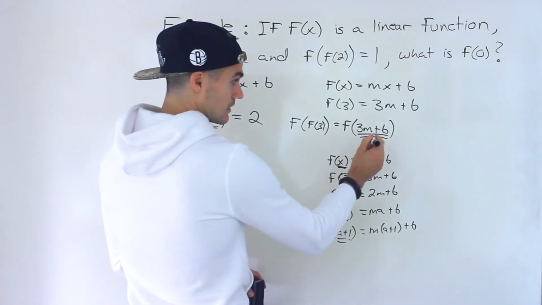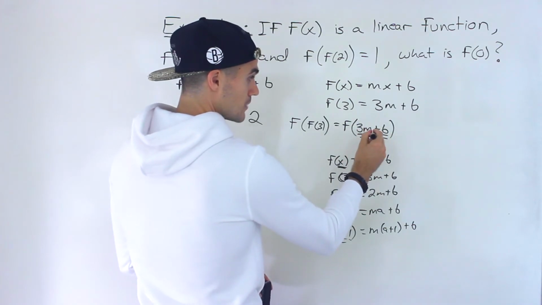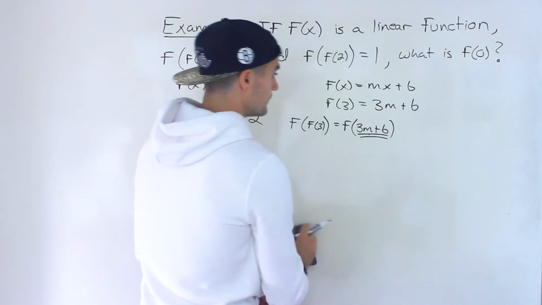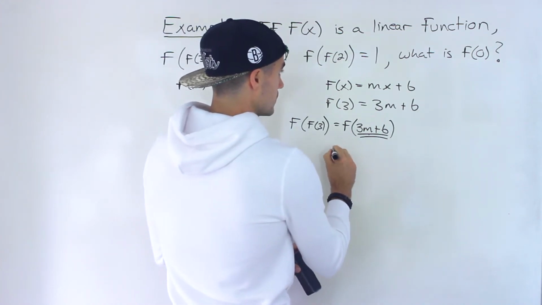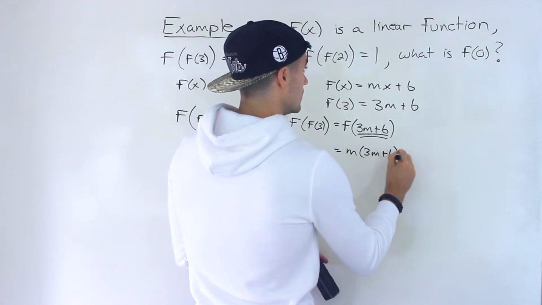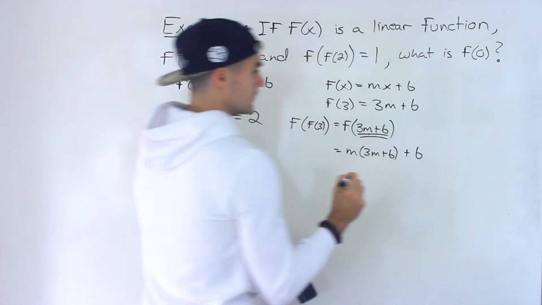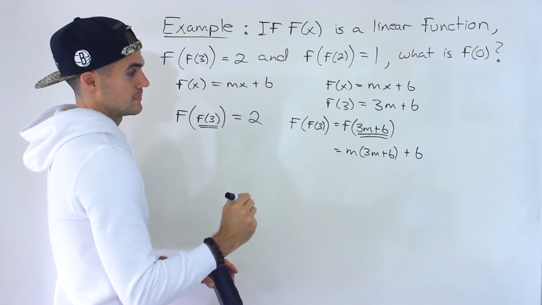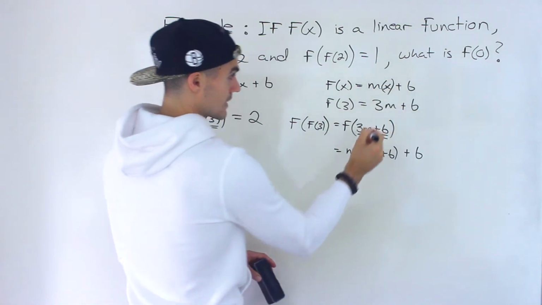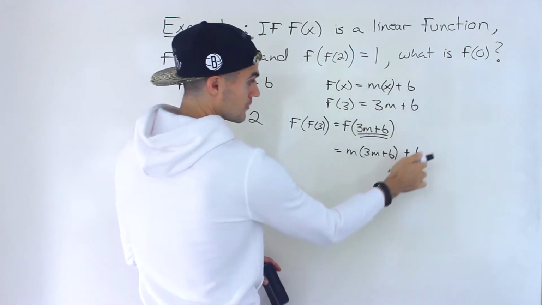So same thing, this 3m plus b, we're going to plug in for this x value. And so what we would end up with is m times 3m plus b. We took 3m plus b and plugged it in for this x value. So we have the m on the outside, and then we have the plus b.